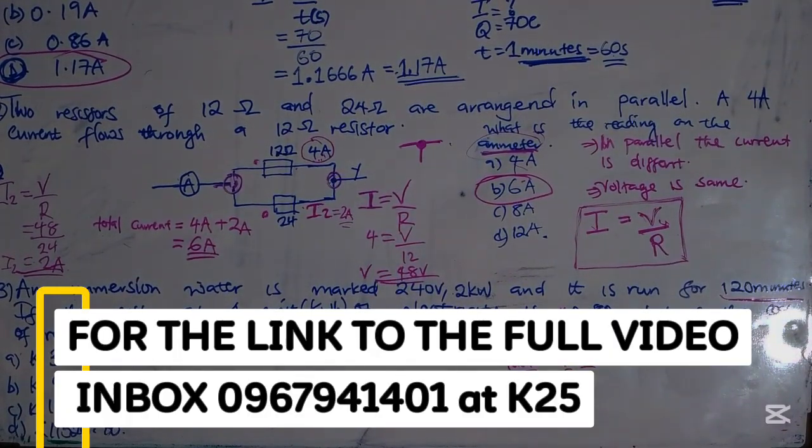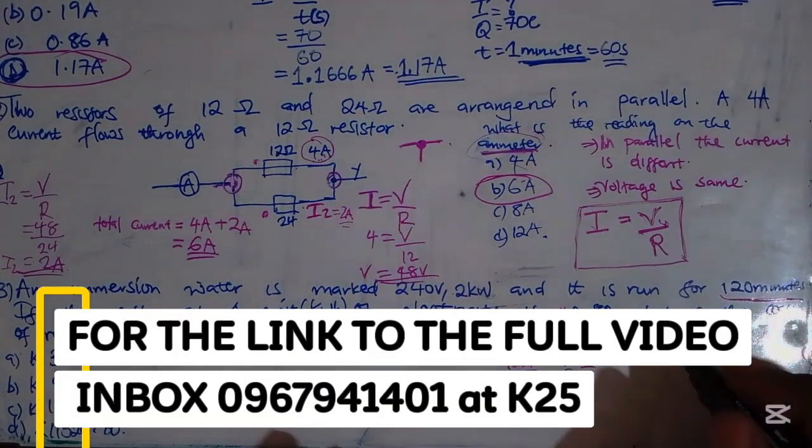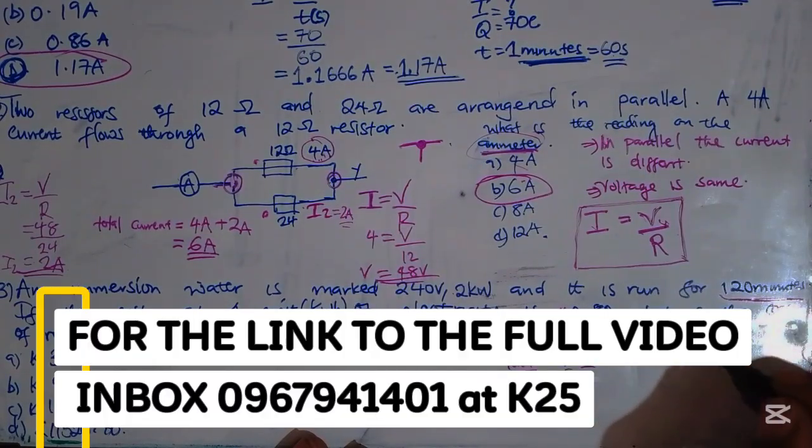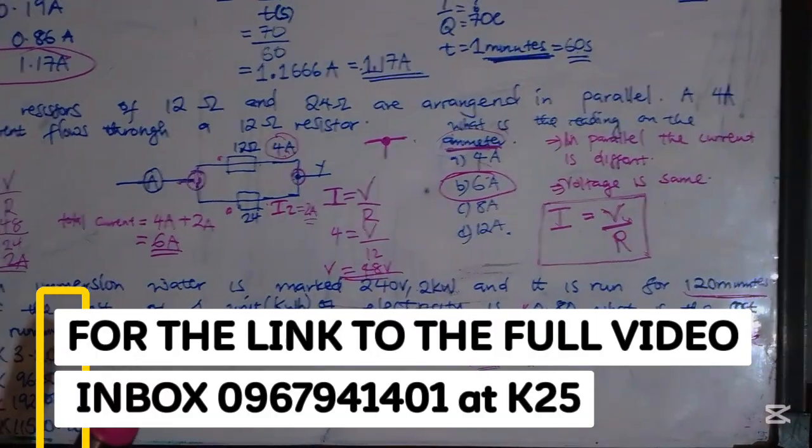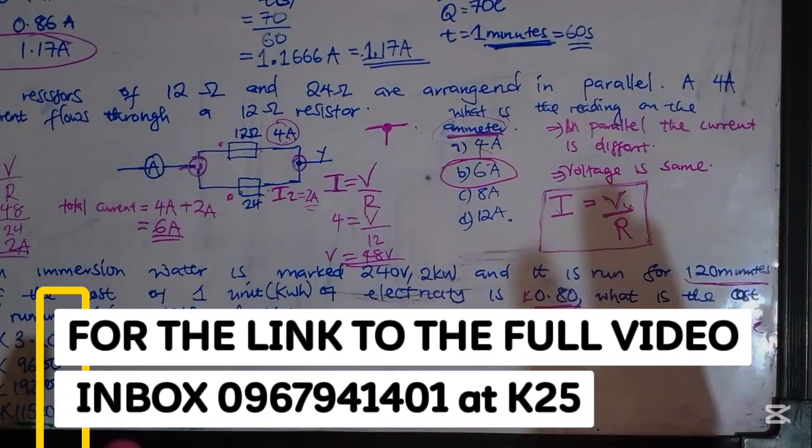So for you to know how to calculate the cost, first you need to know the formula for energy. How do we calculate energy? So the simplest formula which we use to calculate energy is, so you need to remember this formula. Energy is equal to power times time. So here is where you have to be careful again whenever you are looking at the formula for energy.